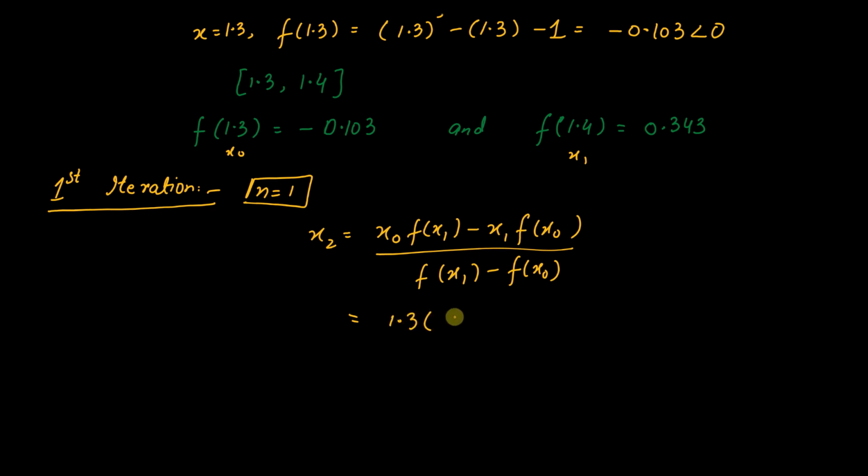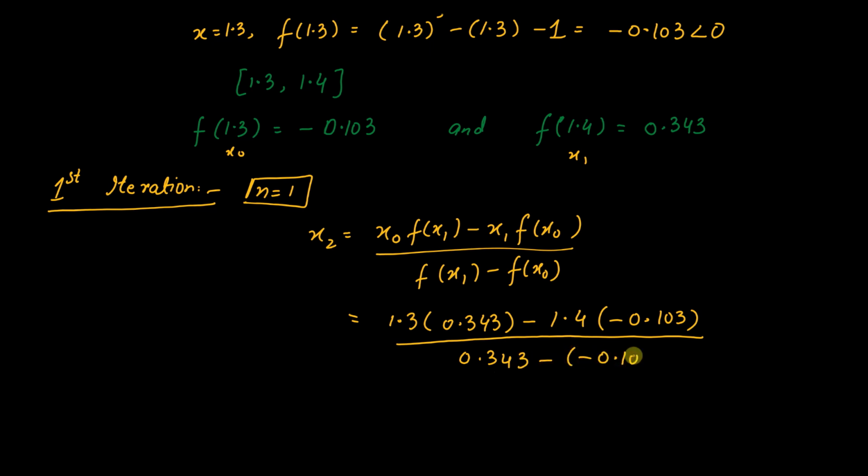So 1.3 and f of x1 is 0.343 minus 1.4 and negative 0.103 divided by 0.343 minus negative 0.103. We need to simplify it, and after simplification we will get the value 1.32304.